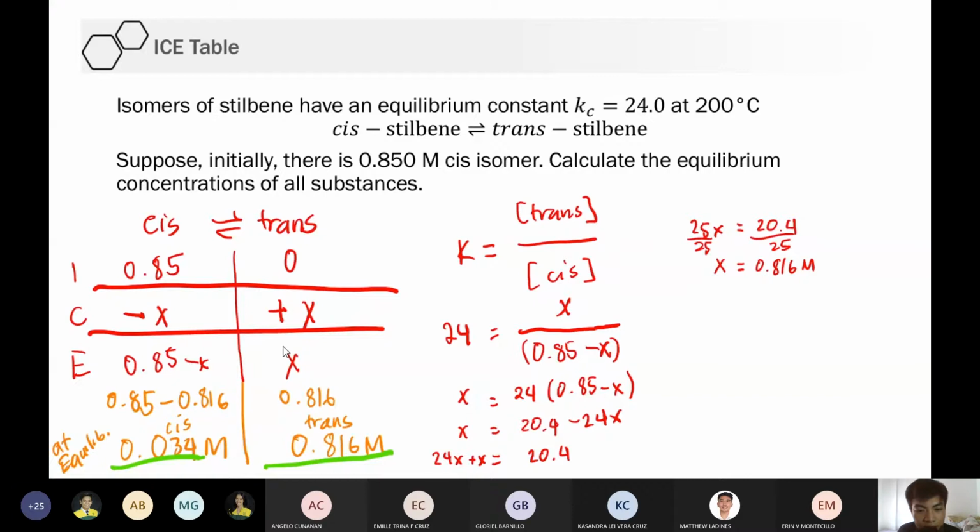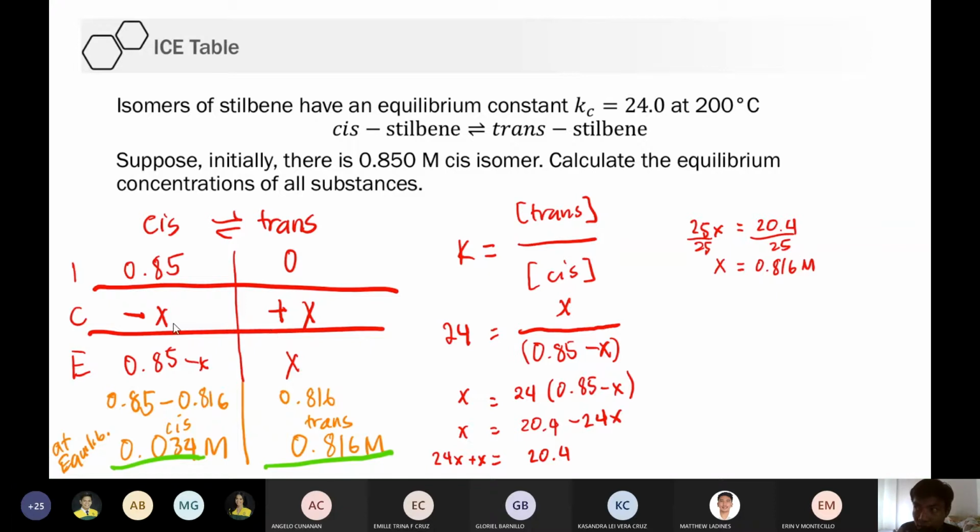Walang sinabi about the trans, so 0 yon pag ganun. So for C, the change, alamin nyo where the reaction is going. You can use Q o kaya yung shortcut na sinabi ko. Sabi ko, kung nasan yung 0, doon yung reaction. Doon siya pupunta. Okay? So since 0 tayo sa trans, doon pupunta yung reaction sa product side.